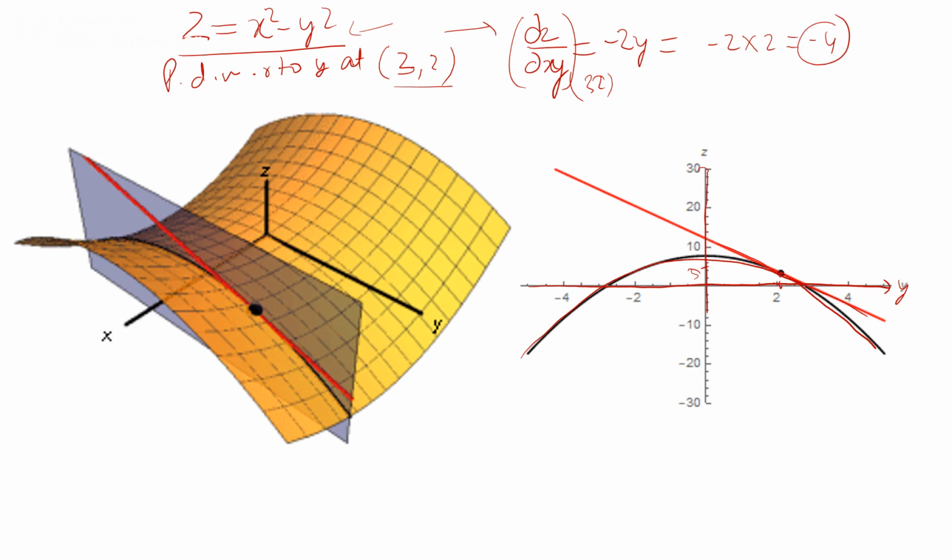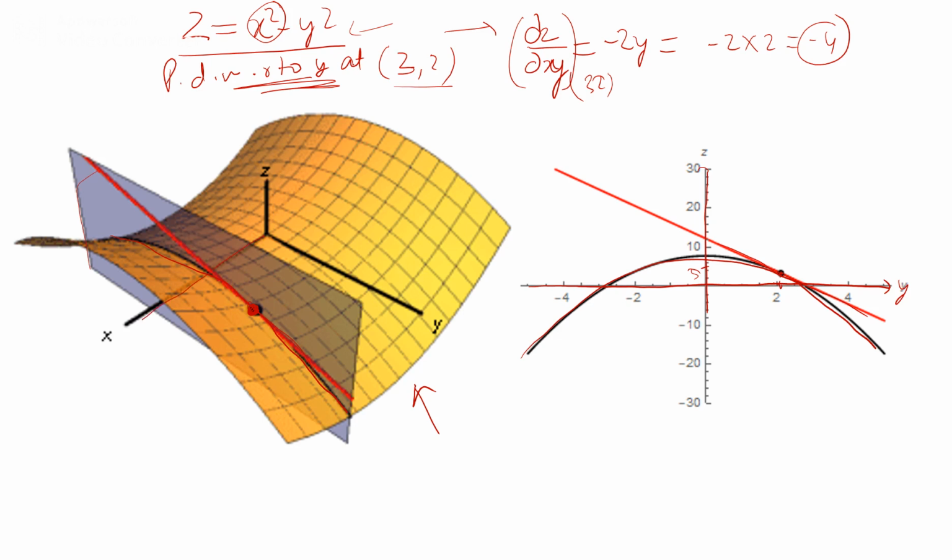In the 3D figure we can explain this, because in that case we are treating x as a constant, so the tangent passes through that curve at that particular point, or we can say a tangent plane or cross section as you see in that figure.